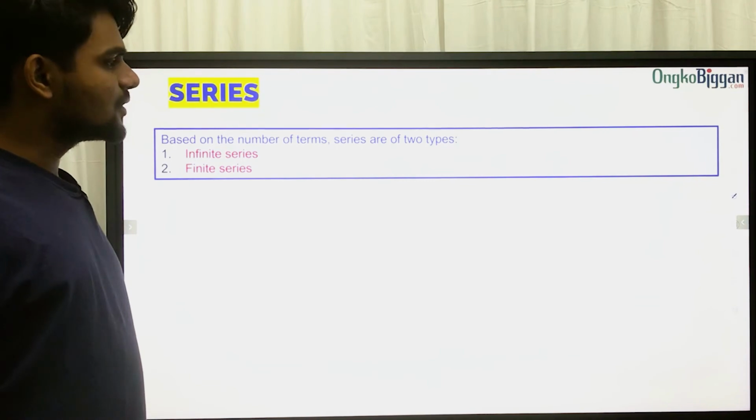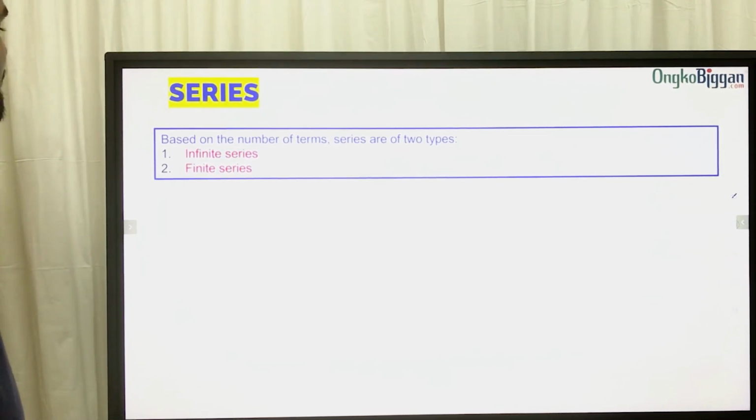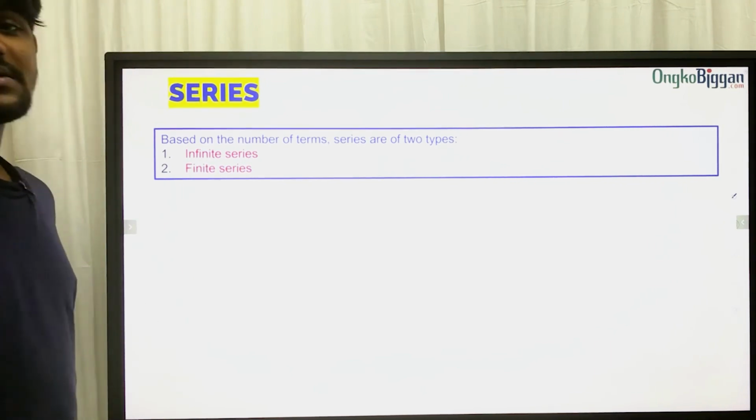But there are also two other types of series based on the number of terms: infinite series and finite series.